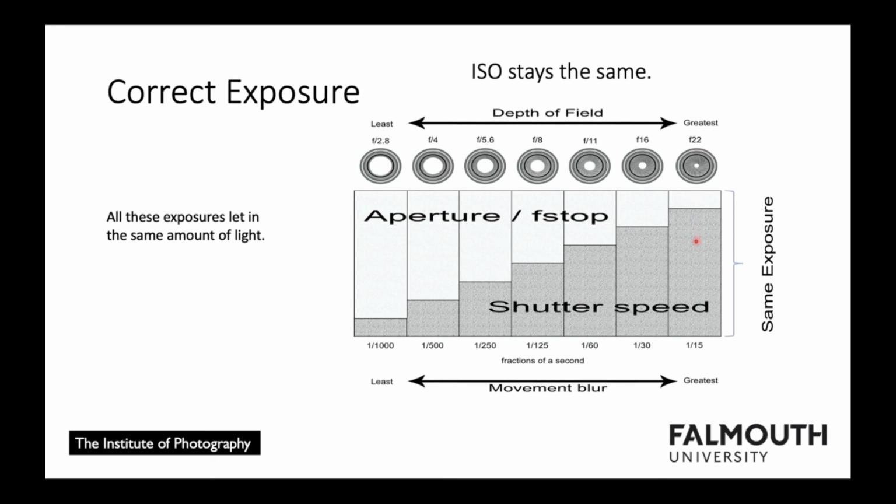So I need a very slow shutter speed to make up the rest of it. So f2.8 at 1,000th of a second lets in the same amount of light as f22 at a 15th of a second. As f11 at a 60th of a second.